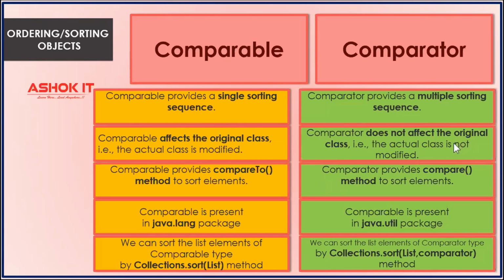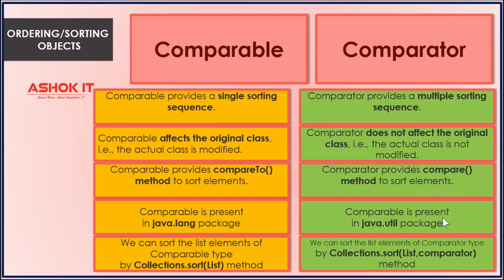That means the age comparator and name comparator were implementing the comparator interface, but it was used on a different class, that is student. And comparator provides the compare method to sort elements. So we were overriding the compare method for sorting the elements of the array list, based on the element's age or name.